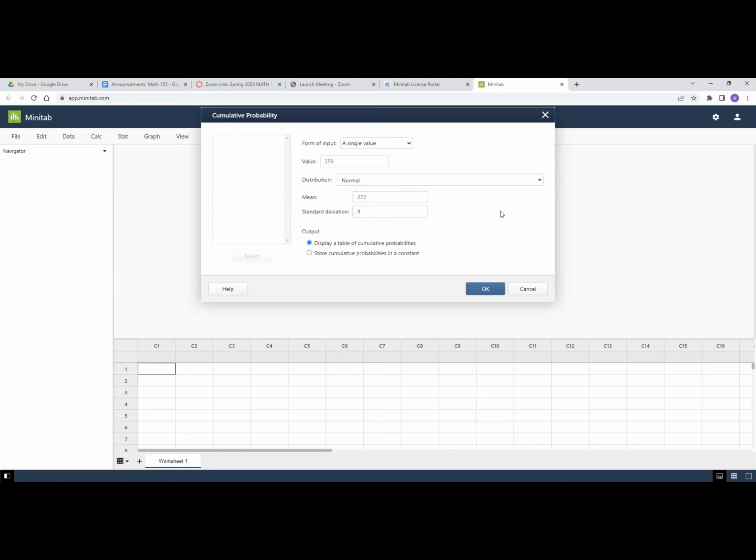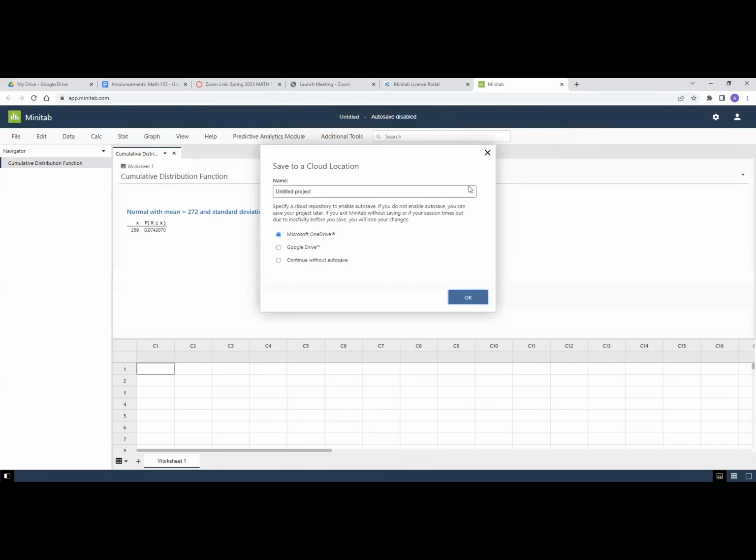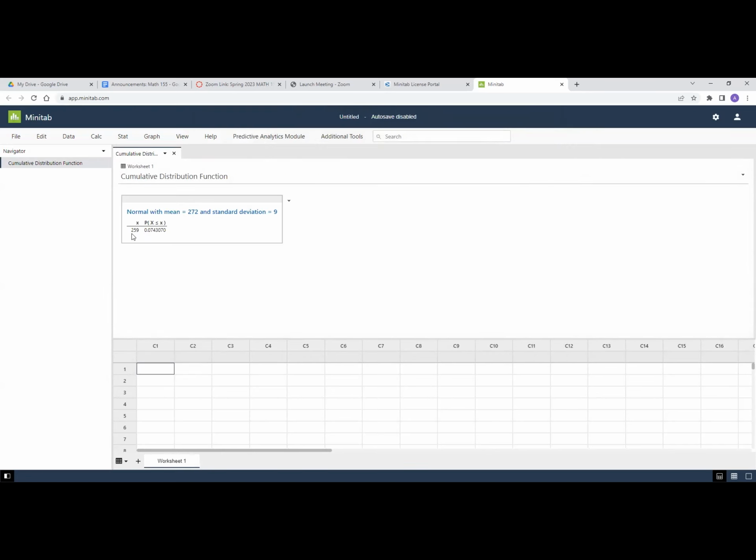Once I've done typing that in, I'm just going to click OK. And it tells me what I typed in, 259, and to the right, it gives me the probability 0.0743.